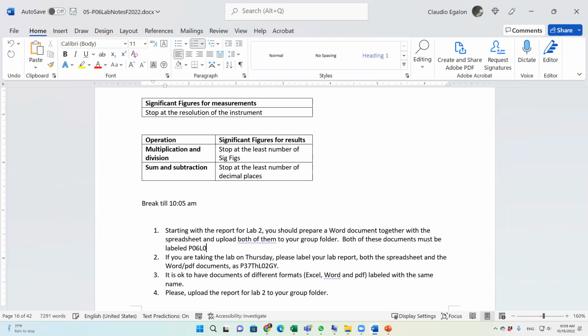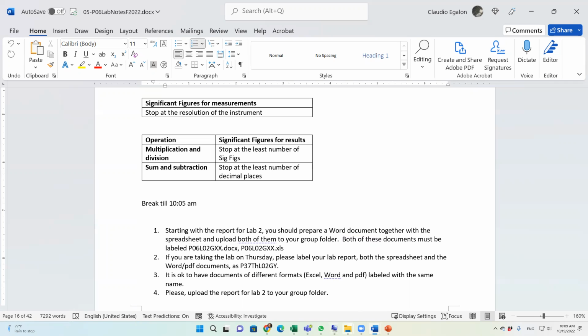P06 L02 group, whatever. It doesn't matter if both documents have the same title, because one is going to have the extension doc, right? And the other is going to have a different extension. So you don't have to worry about labeling them with the same name. The other is XLS, right?